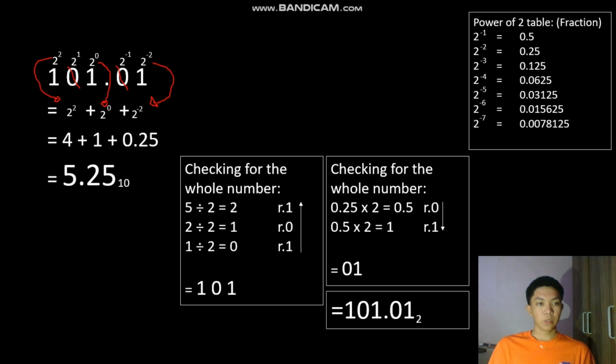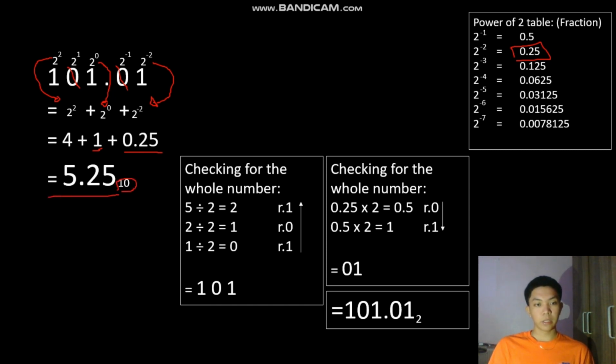So 2 squared is 4, and 2 raised to the power of 0 is 1, as you remember from the last topic. Then 2 raised to the power of negative 2 is 0.25. So when we add that up, guys, we have 5.25 in a base 10 system, since it is already a decimal system.